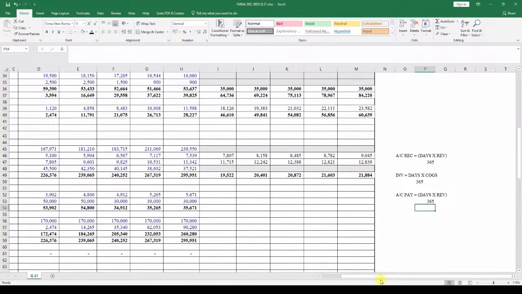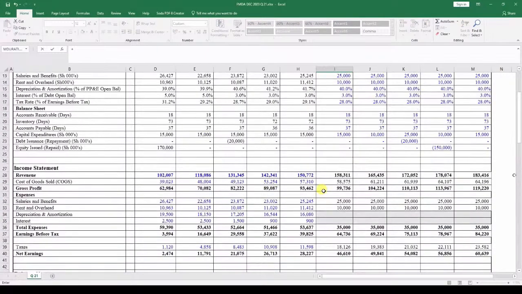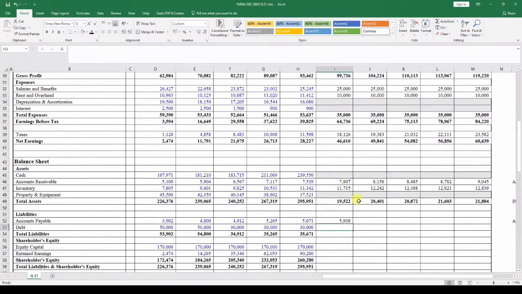So we look for the accounts payable days. You can see the accounts payable days are here, 37, and then we multiply that with the cost of goods sold and then divide by 365. That's what we get.